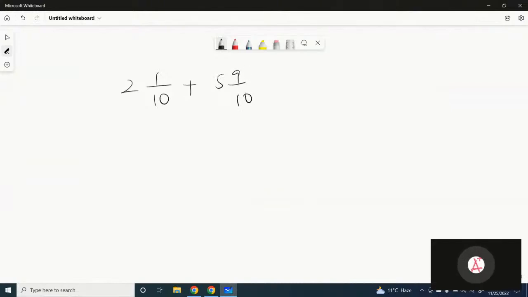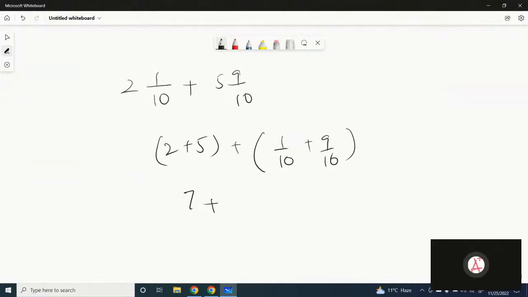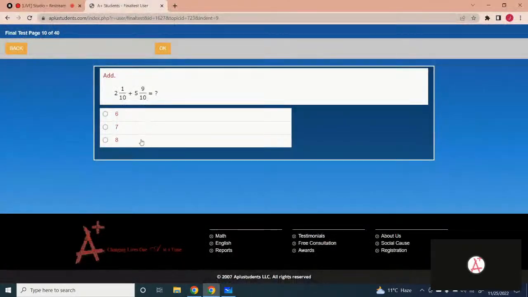Just add their whole numbers 2 plus 5. Add the fractions. 2 plus 5 is 7. Add the numerators 9 plus 1 is 10. It will be 10 over 10. 10 over 10 equals 1. So 7 plus 1 equals 8. Got it? So the correct option is 8. Got it?